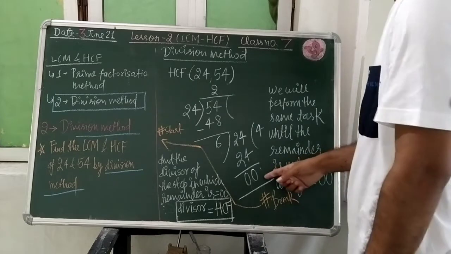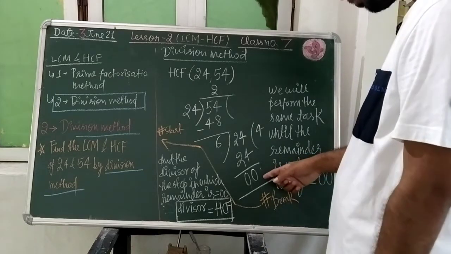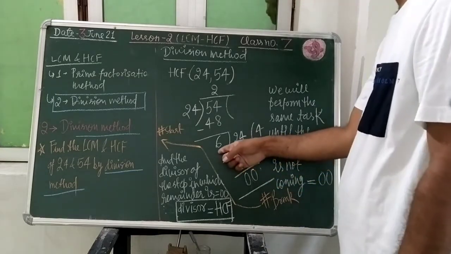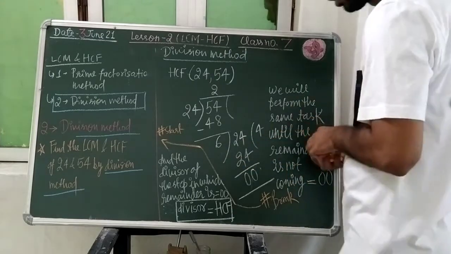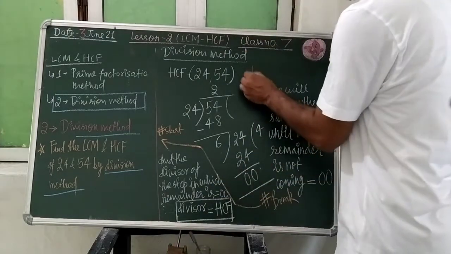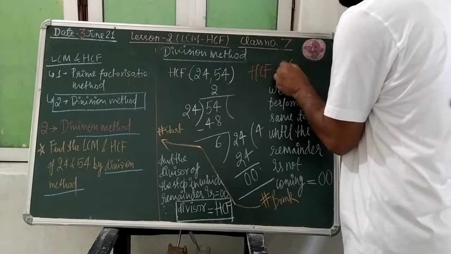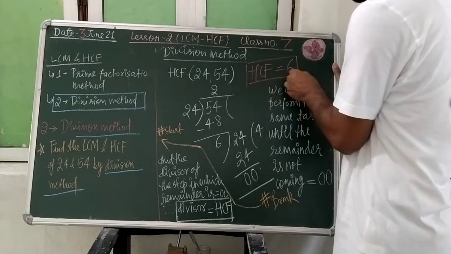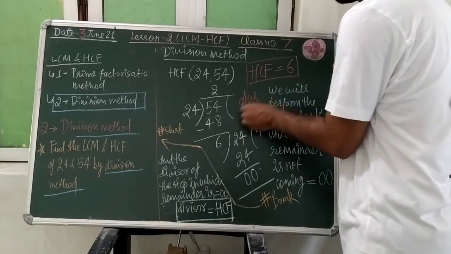So we are getting remainder 0 here, and the divisor of that step is 6. So your SCF will be equal to 6, students, and that is the answer.